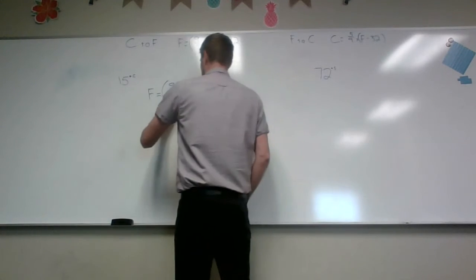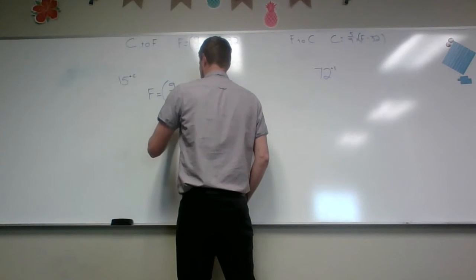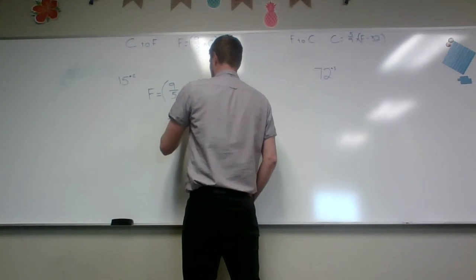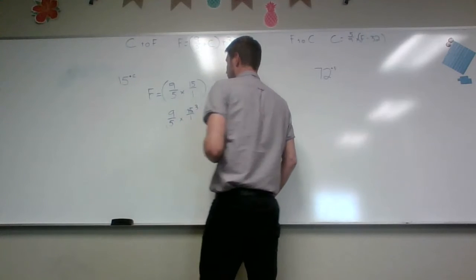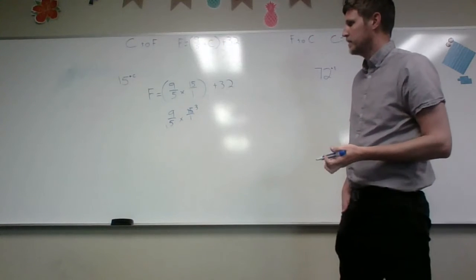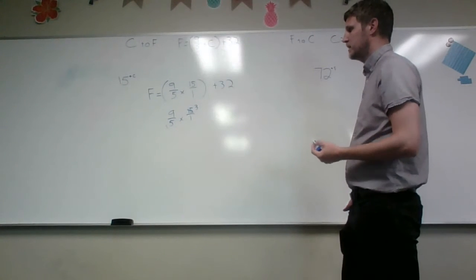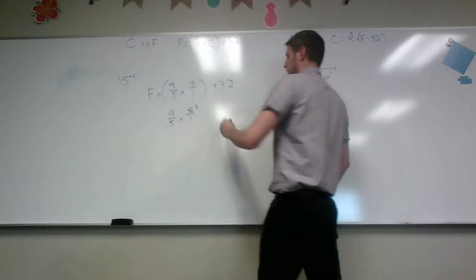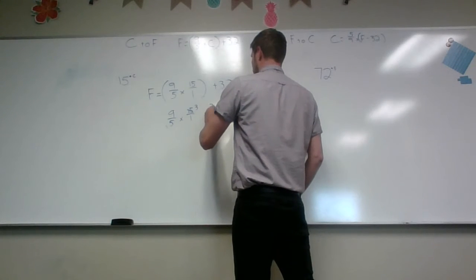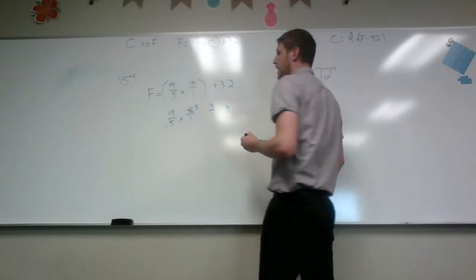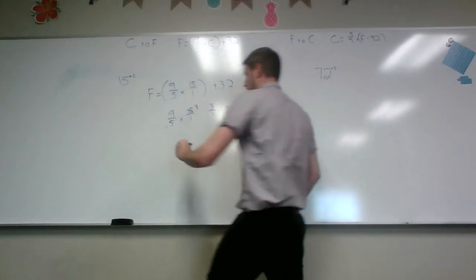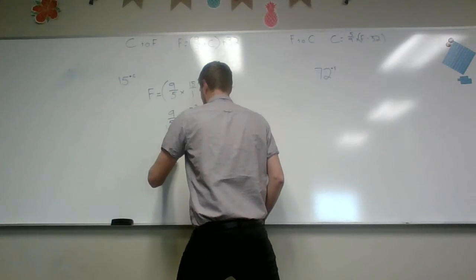I'm going to do that first because of the parentheses. Now, 5 and 15 can both be divided by 5. So I'm actually going to end up with 9 over 1 times 3 over 1, which is equal to 27. So that's just the first part here. I'm going to show you another one where I don't figure that out.